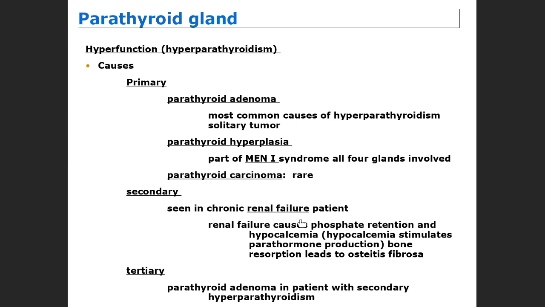Okay, so I kind of diverged a little bit, but the point here is that patients who have kidney problems will have phosphate retention, and they have hypocalcemia, we call this, and so the body attempts to increase the PTH to bring up the blood calcium.